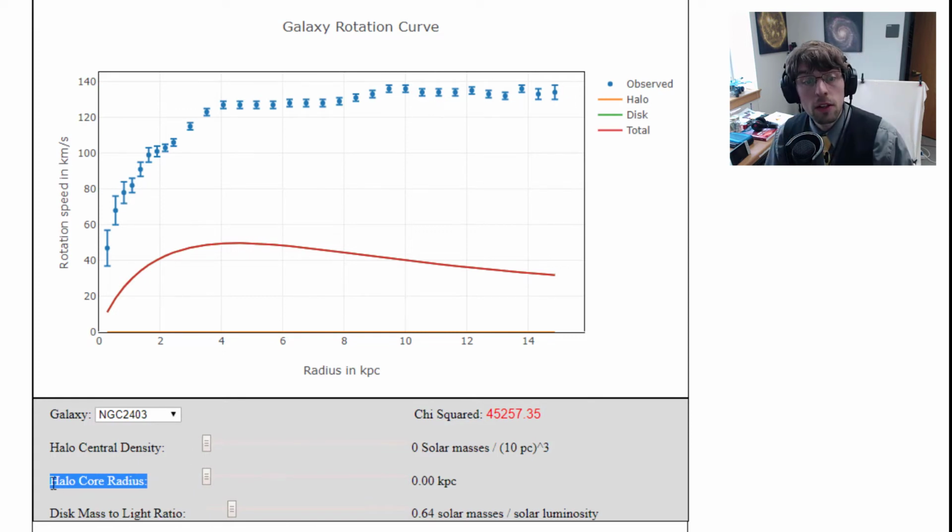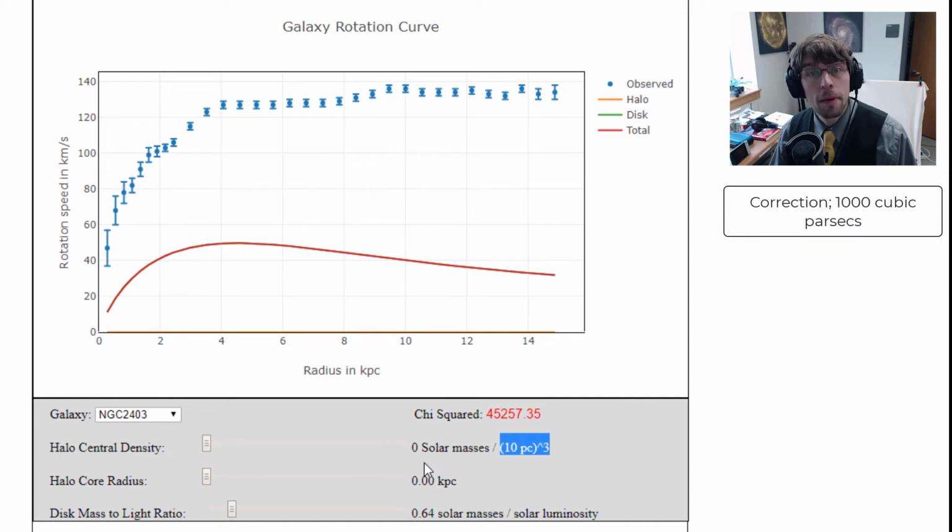So this halo core radius tells us how far into the disk of the galaxy, if you will, this dark matter spreads. And the halo central density is telling us how much dark matter is present per, you notice here, cubic parsec.